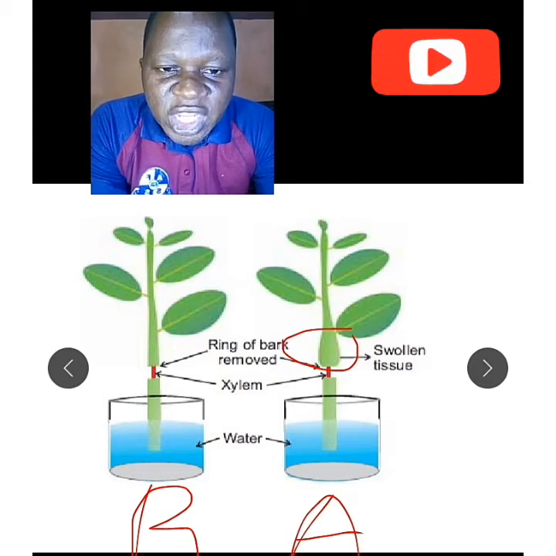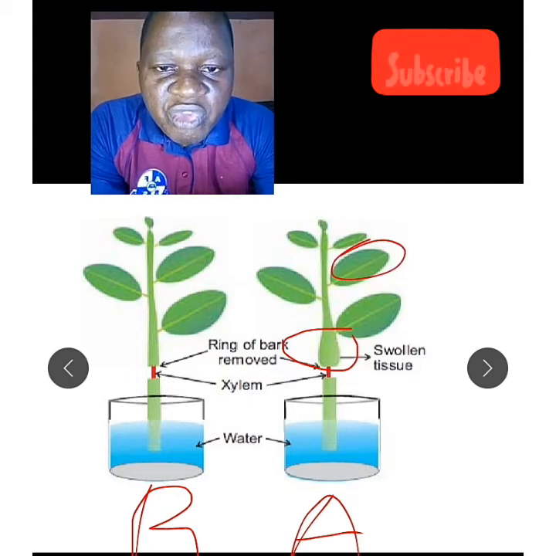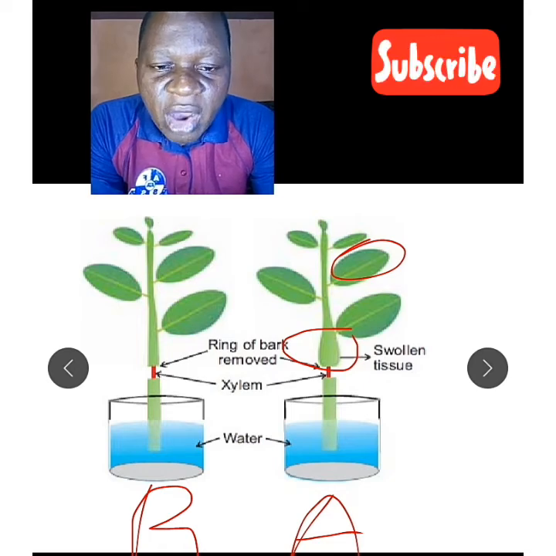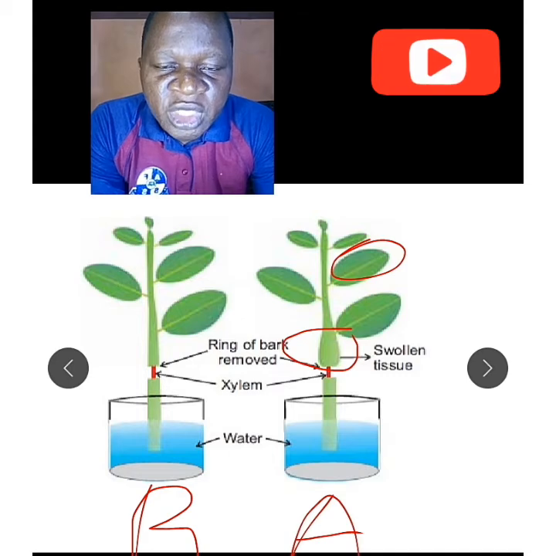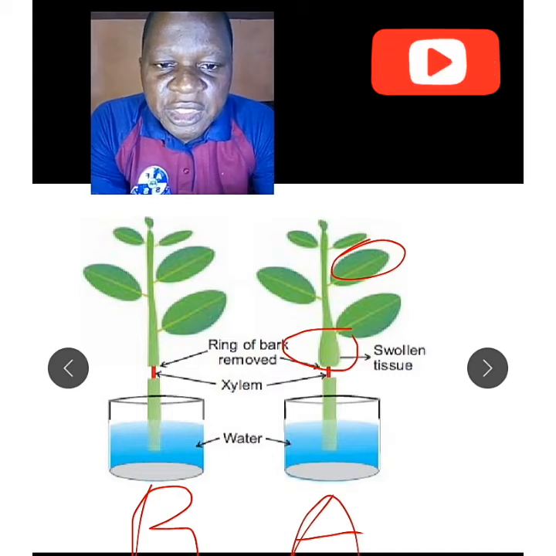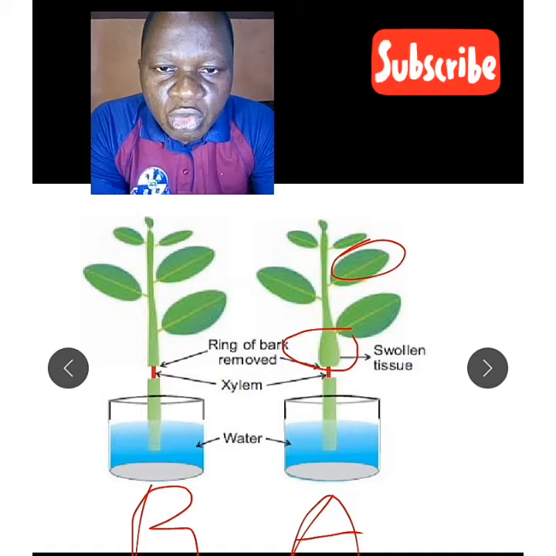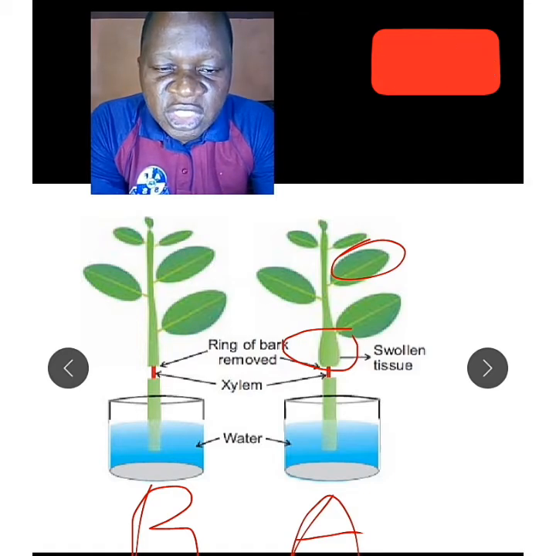The food manufactured by the leaf of the plant cannot move down to the root, because the phloem of that part has been removed. The tissue that should have helped to carry the food to the root has been taken away, so the food accumulates, and that's why you have that swollen part.